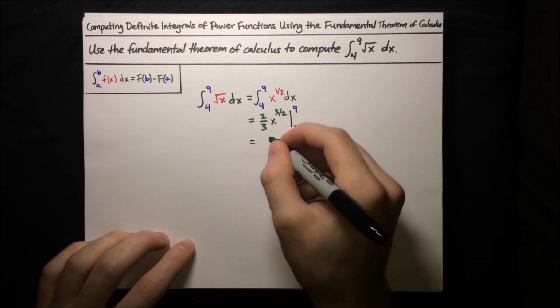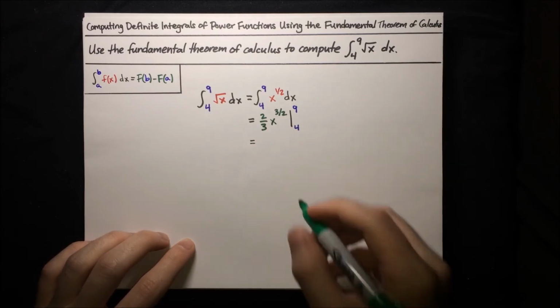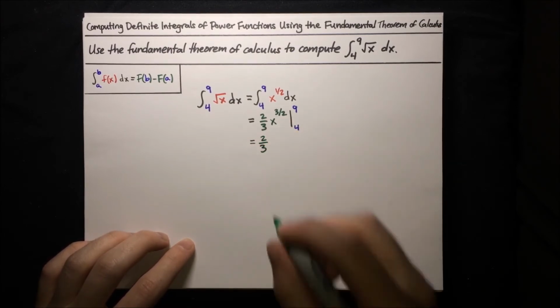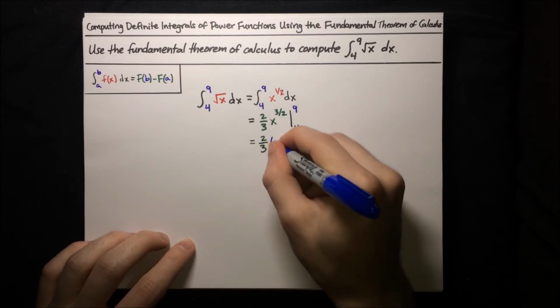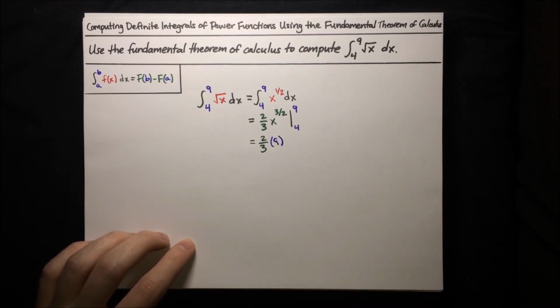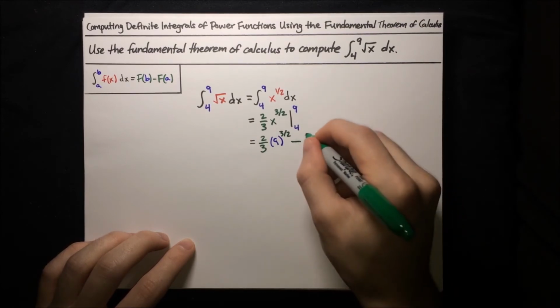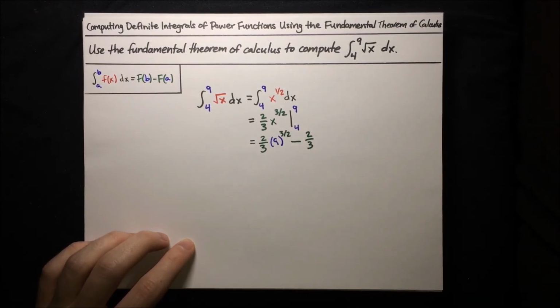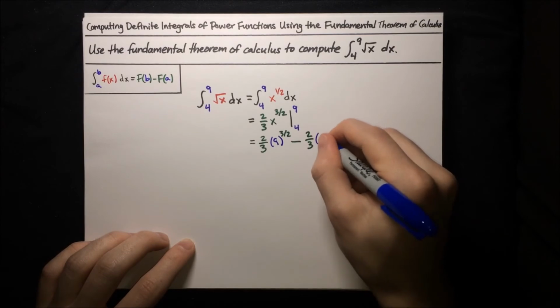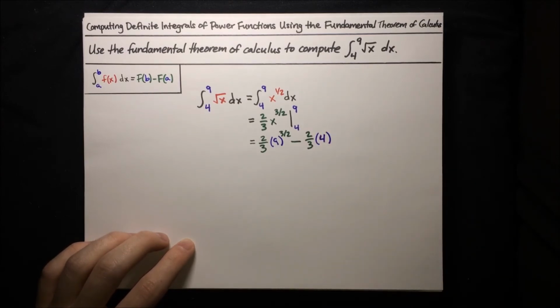So we'll stick in that upper bound first, 9, so 2/3 times 9 to the 3/2, and then minus 2/3 times that lower bound, 4 to the 3/2.